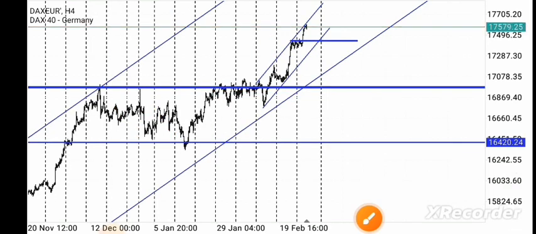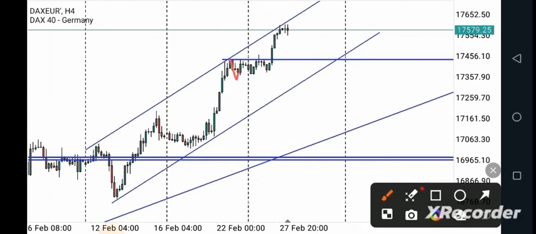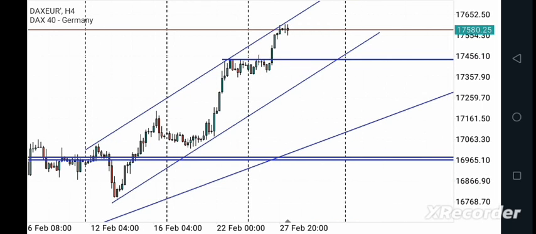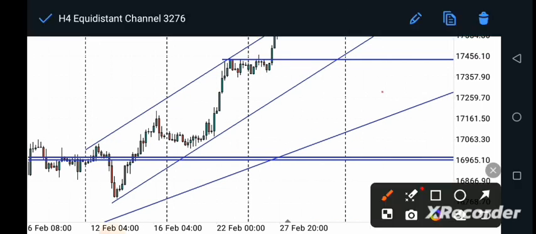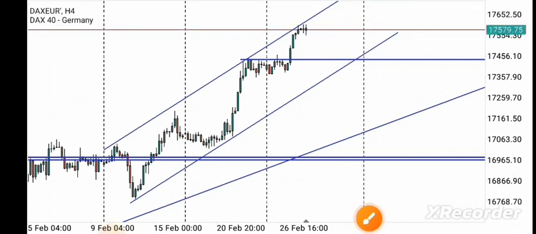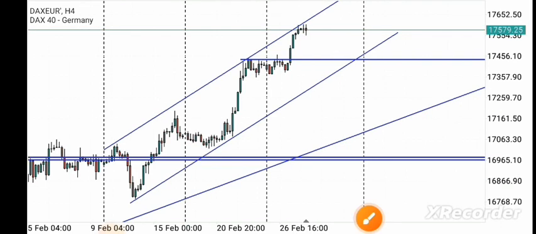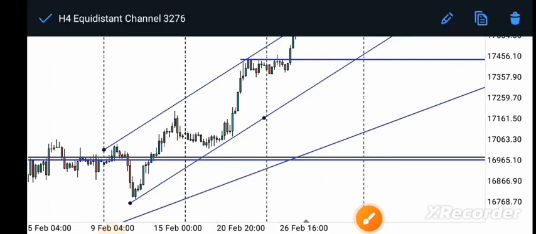I'm just going to zoom in again. As I said, it is a W structure with a neckline there, and we may potentially see price move down to this level. But in as far as where price is currently, we're seeing that the market is struggling somewhat there. The market is starting to show some sideways movement, and it indicates that we may potentially see price move further down, especially if we look at this trend line over here.